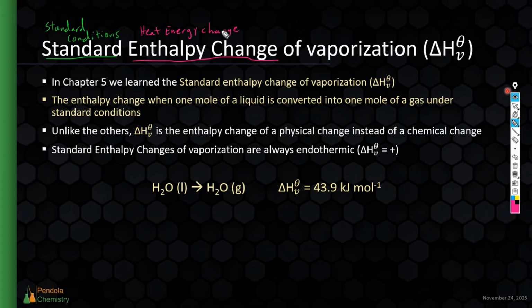So we're talking about the heat energy change at standard conditions. That's always going to be the same for a standard enthalpy change. And then we have of vaporization, meaning during a vaporization process.